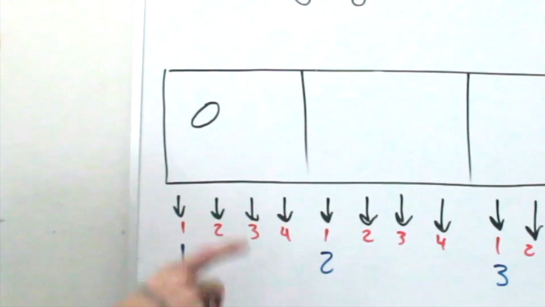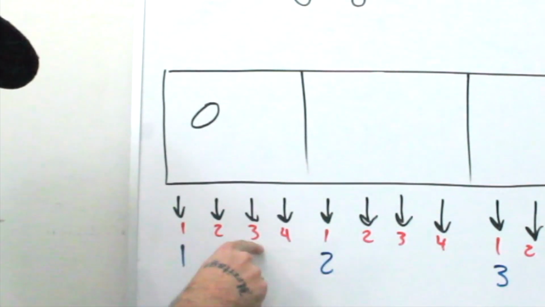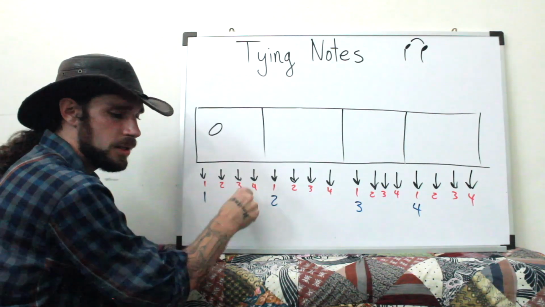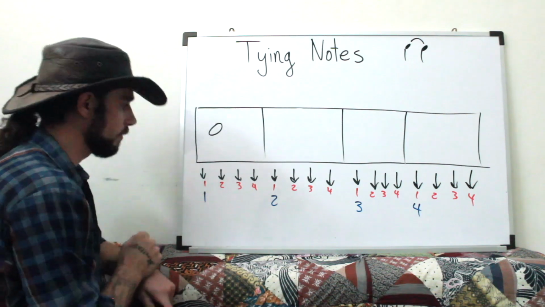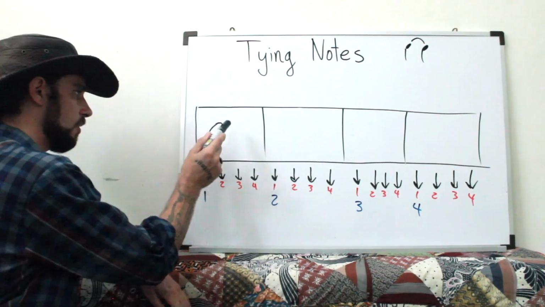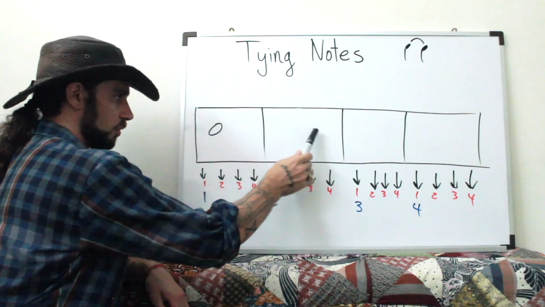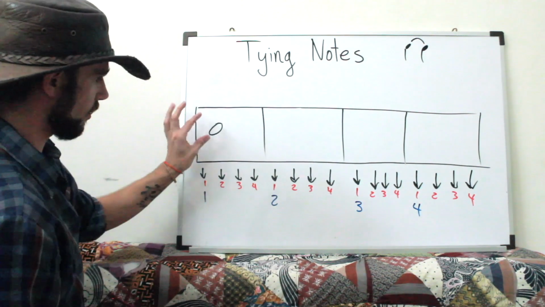So we know that this whole note is going to receive 4 beats. But what if I wanted to have a whole note that lasted for 2 measures?